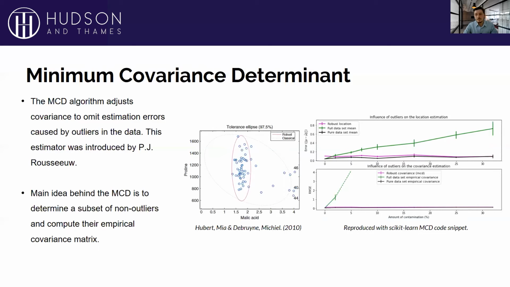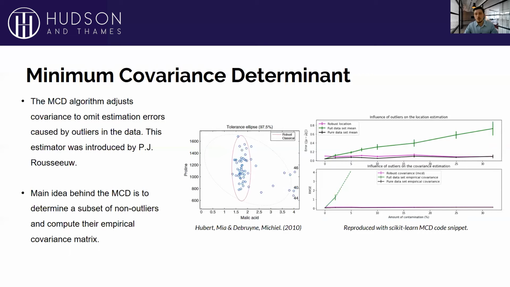On the right graph, you can see an example reproduced from a code snippet from scikit-learn. And here, the amount of contamination in percentage is the percentage of outliers in a data set. So with the increase of outliers, you can see that the full data set mean and the full data set empirical covariance are different from the pure data set mean.